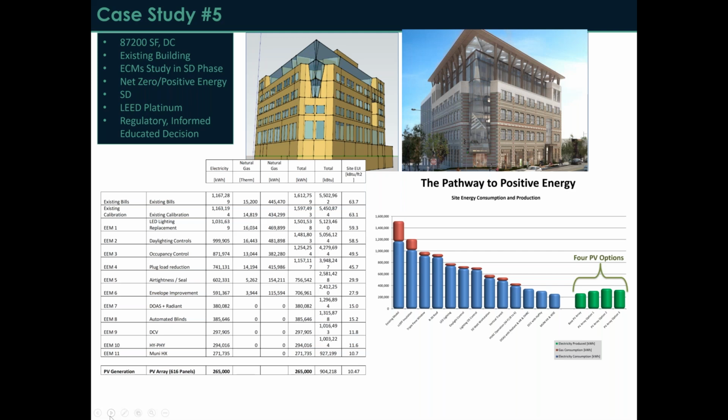We were able to show how we can reach the positive and zero energy with those 4 different options through energy modeling. And one point that I have to mention is that this building, with the help of energy modeling, was able to reach an EUI of 10.7 for the first time in the nation.